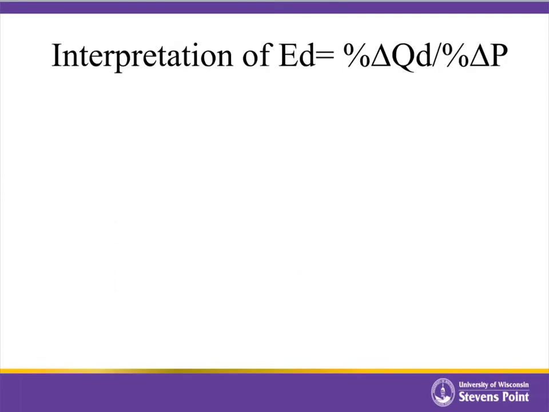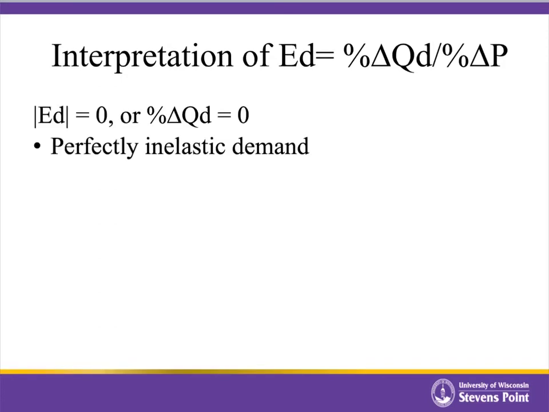So we can measure this elasticity, and at this point the measurement just sounds like we're crunching through the numbers, which is essentially what we're doing, but how do we interpret the result that we get? So if we get a measurement that's exactly equal to 0, so looking at the equation up here, percent change in quantity demanded divided by percent change in price. Well, any fraction is equal to 0 if the numerator here is equal to 0.